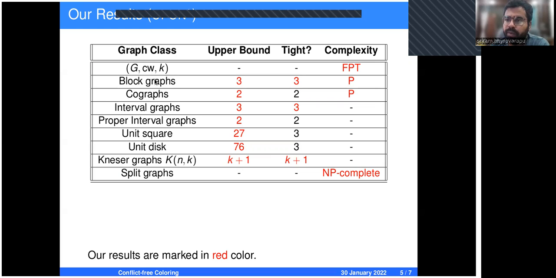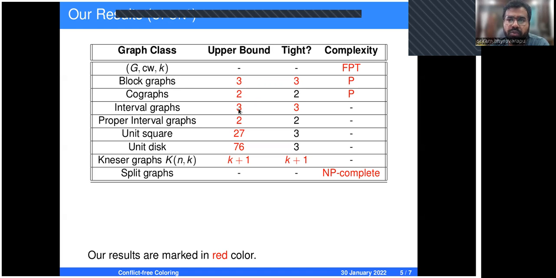Block graphs have clique width at most 3 and co-graphs have clique width exactly 2. We show that 3 colors are sufficient to CF-ON color a block graph and 2 colors are sufficient to CF-ON color a co-graph. Since block graphs and co-graphs have constant clique width and their upper bounds are constant, our FPT result implies a polynomial time algorithm for both block graphs and co-graphs.